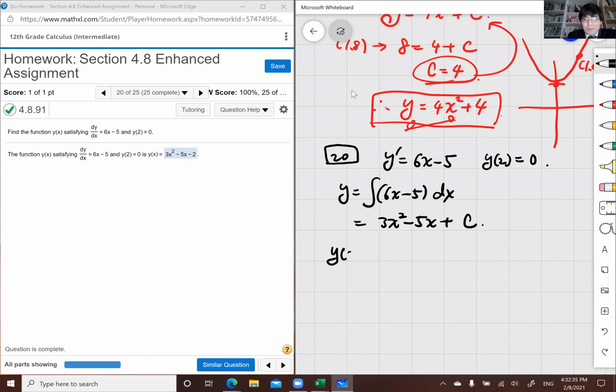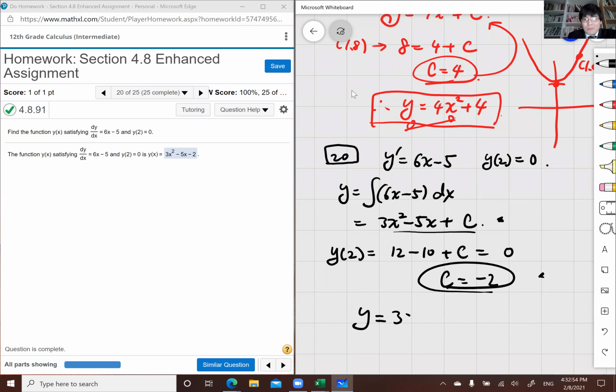But since we know that when x is 2, this becomes 0, plugging 2 here, you get 12 minus 10 plus c is equal to 0. Solving for c, it's going to be negative 2. So using this, you get y is equal to 3x squared minus 5x minus 2.